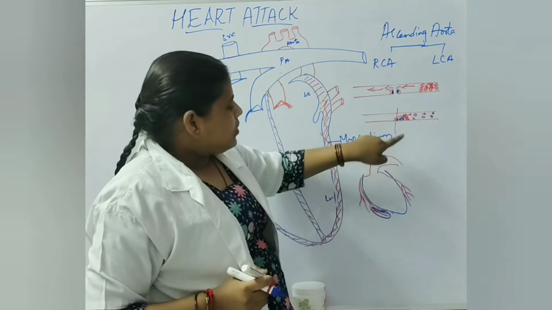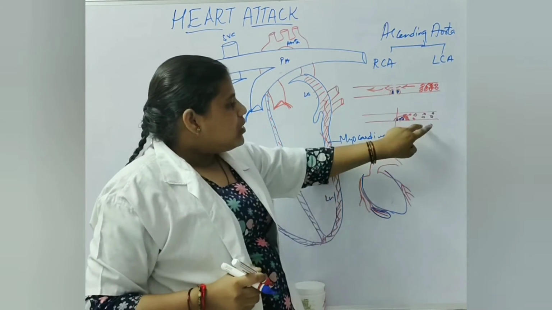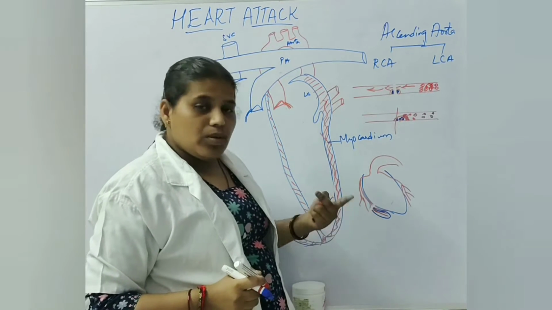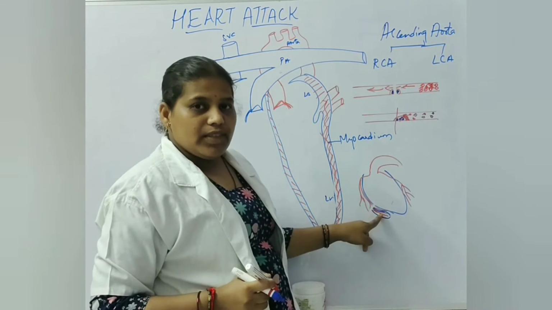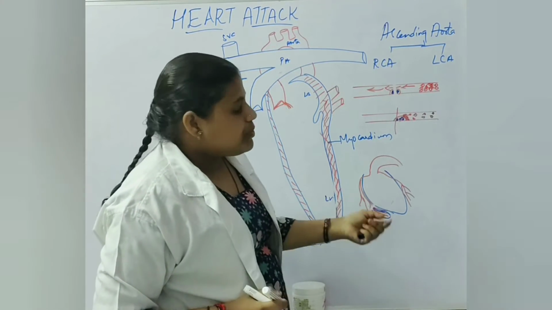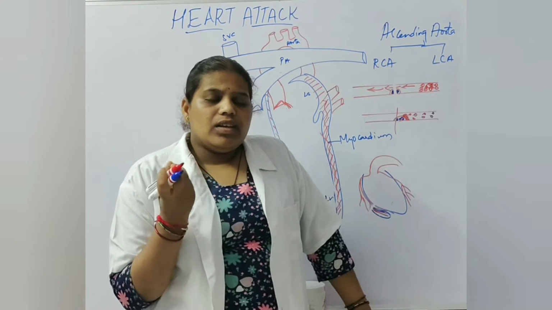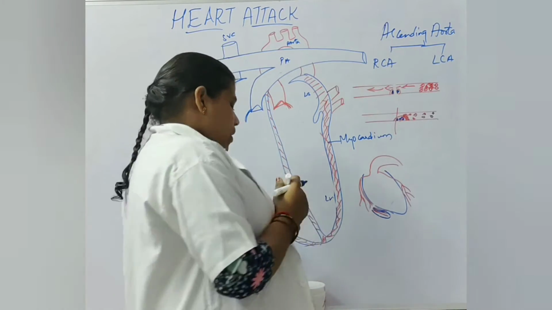I have drawn this coronary artery only here. So there is a blood supply up to this area, but there is no blood supply from this area due to the blockage of the coronary artery. So this makes the tissue die, which is called myocardial ischemia.